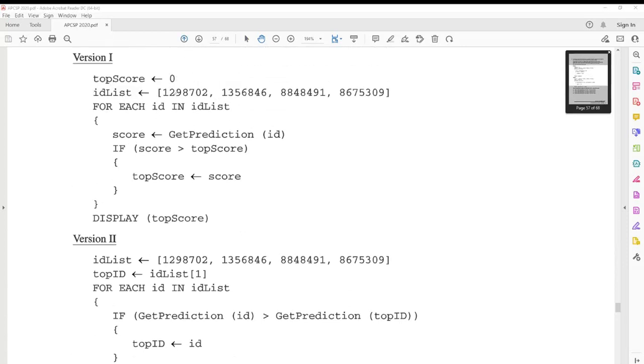You have 4 elements, so the get prediction will be called how many times? The initial top score is 0, so you go 1, 2, 3, 4 times. You go 4 times.